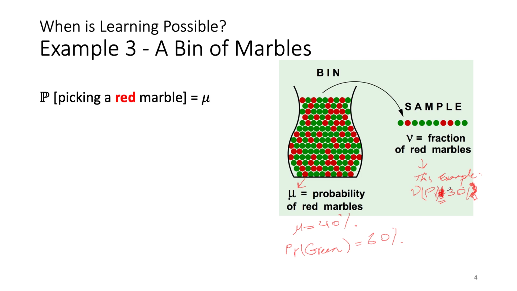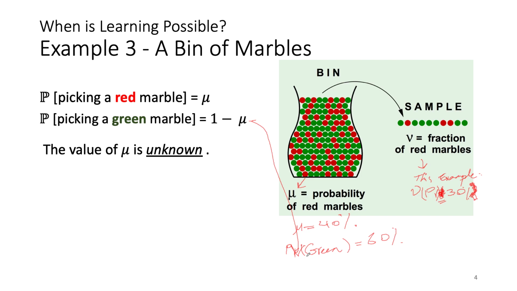So red was mu, green was 1 minus mu, so we define it here as 60%. And the value of mu is unknown. I just exemplified it by 40% here.